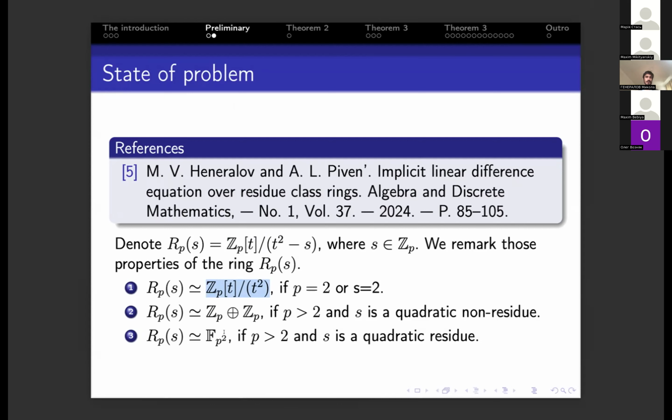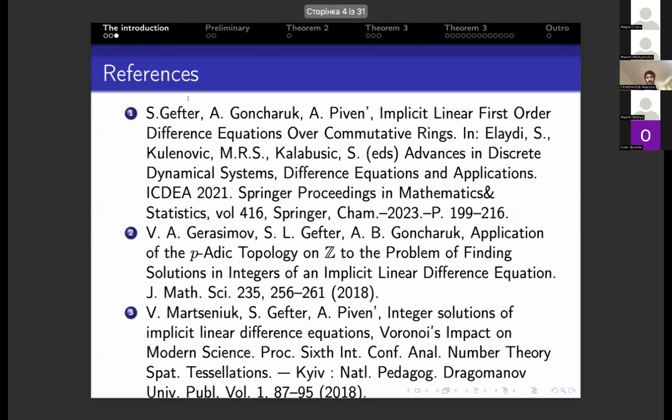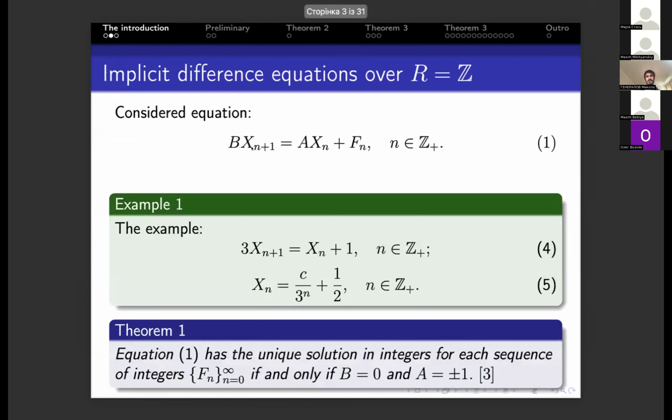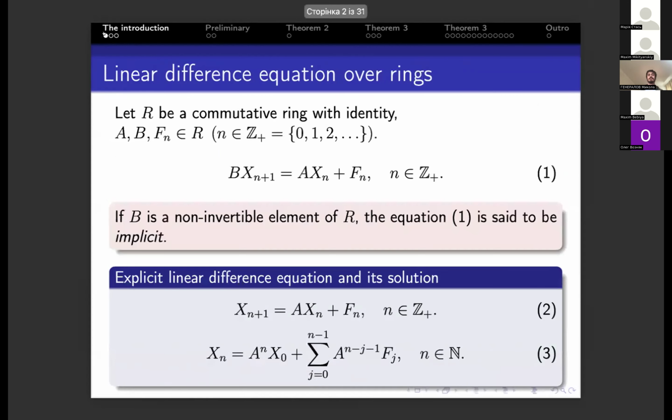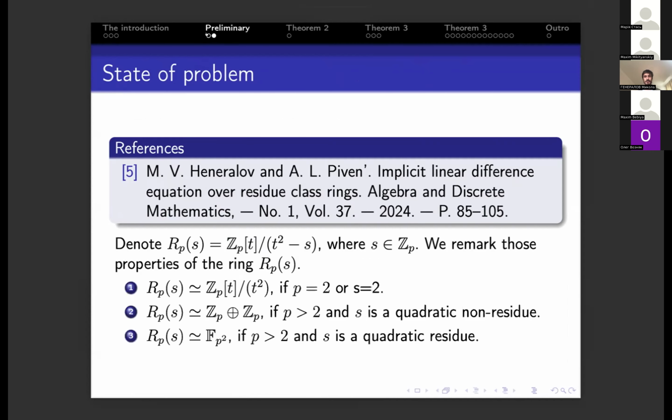Now we have an interest to come back to our linear difference equation 1 over the ring R, and to solve it over an arbitrary commutative ring with unit of order p squared.